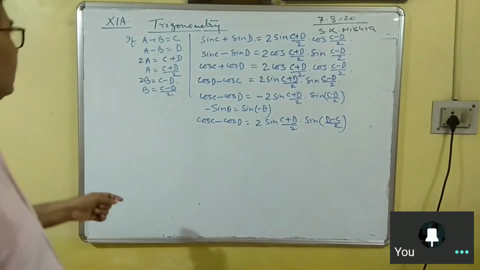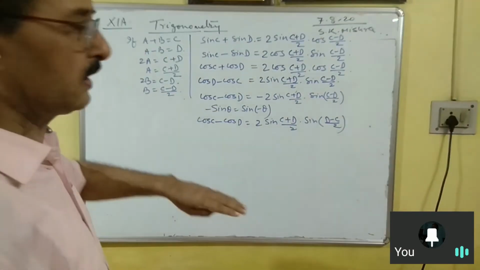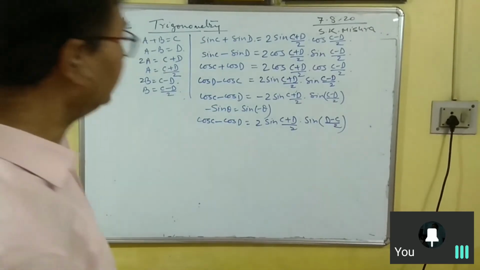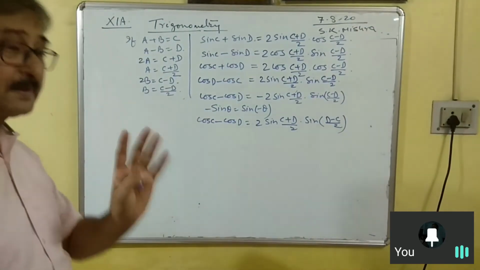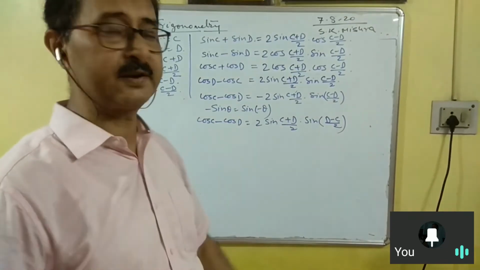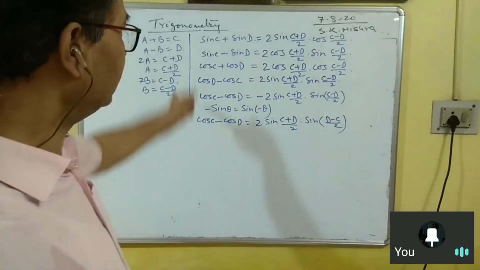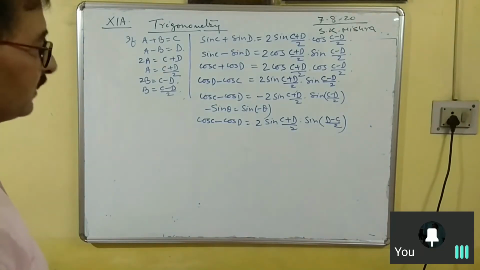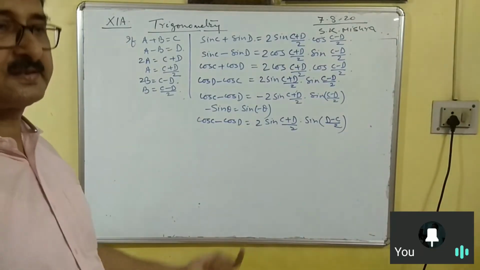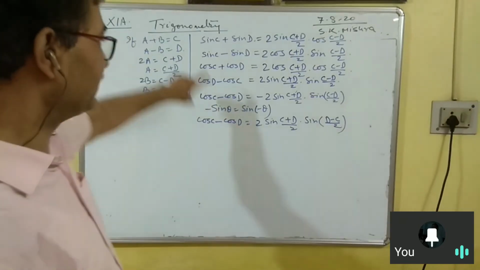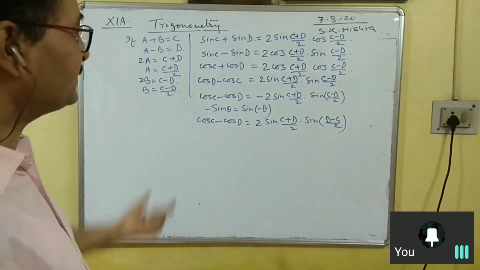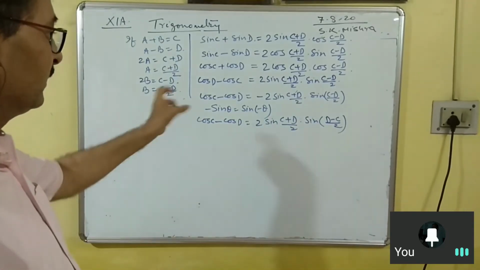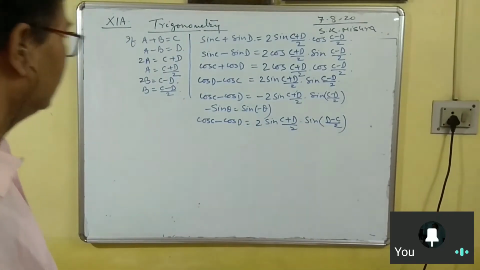This may be new for you, as one may not study it in class 10, but in class 11 you have to study all these things in a separate mathematics book, trigonometry. That will be done after 2, 3 or 4 months, and then you will be acquainted with these formulas. But in physics we need them from the day we start, so that's why we are doing these relations.